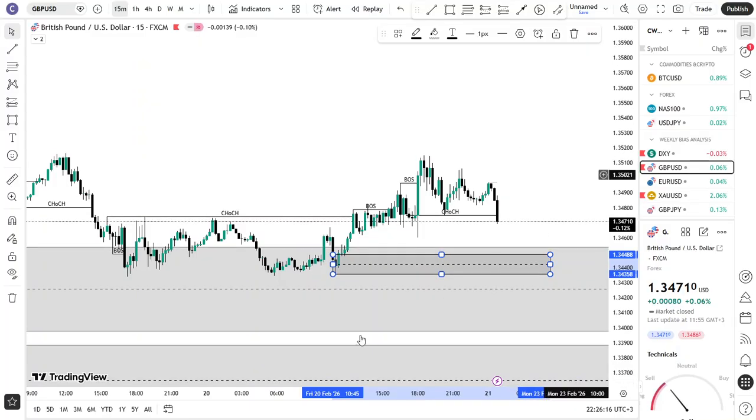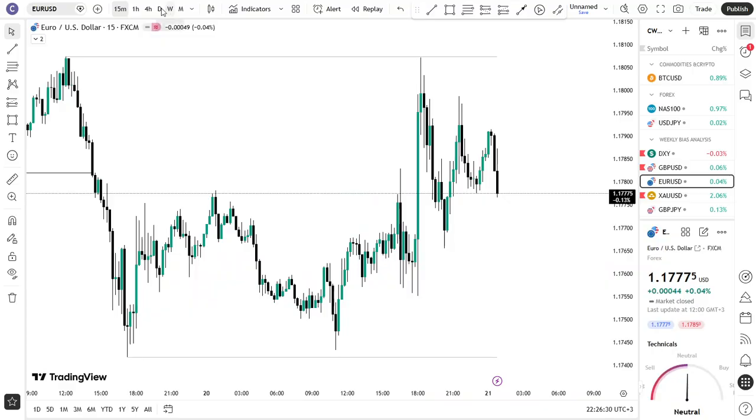But if it doesn't, we'll have to see how it's going to react on the first order block. So overall, we are bullish on GBPUSD. And then we are going to go to the EURUSD. We'll start with the daily.